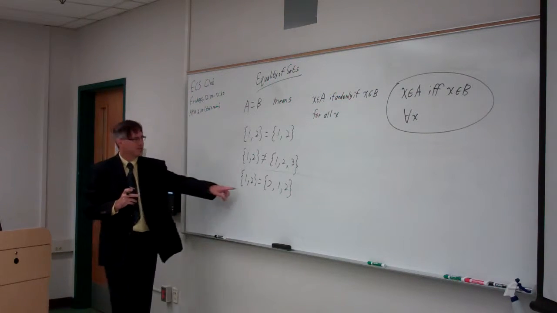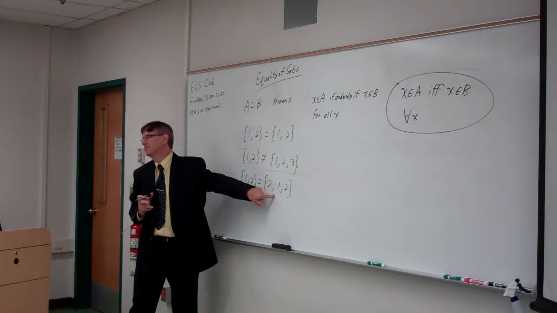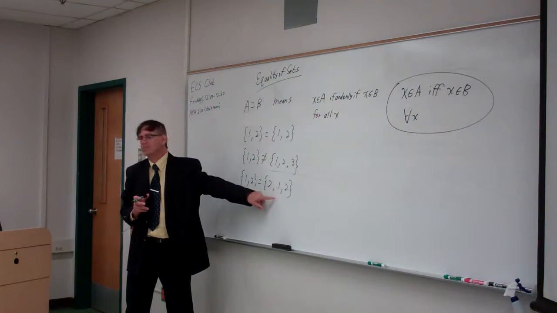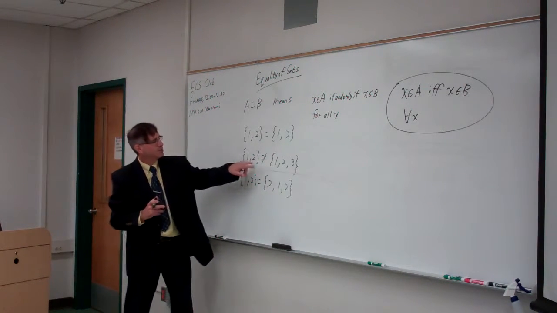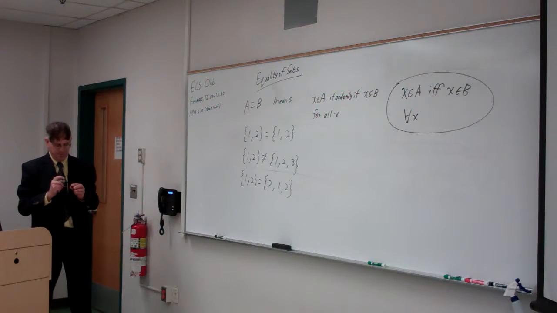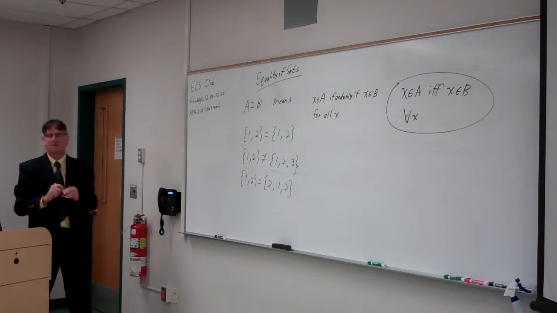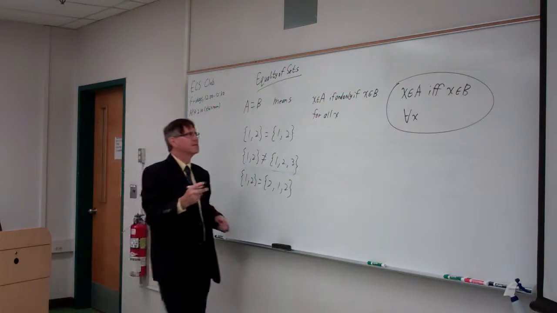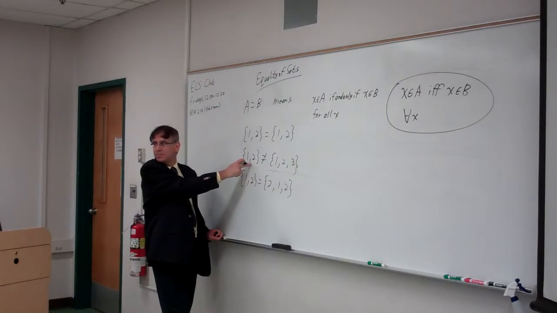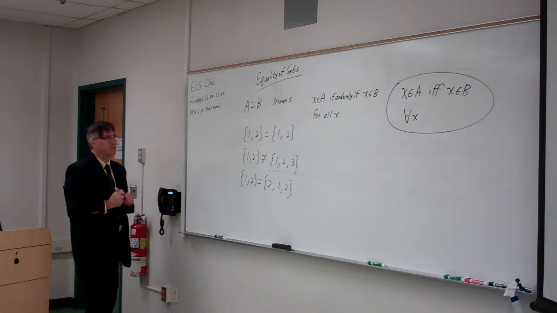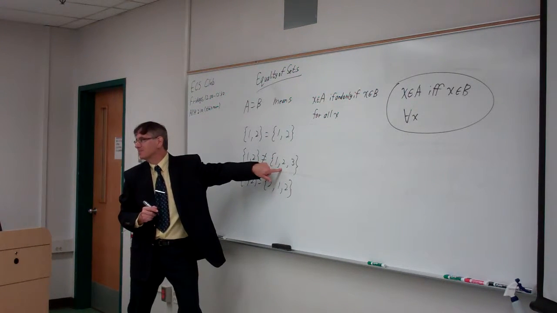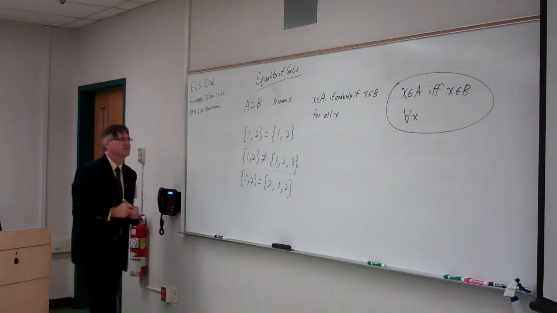An element is in here if and only if it's also in here, even though I've written this with 3 elements. But why are these not equal to each other? Because the one on the left does not have a 3. So there is a particular x, 3, which is contained in here but not contained in here. Okay. So it goes both ways. It could be contained in here if it's contained in here. And that's not the case.